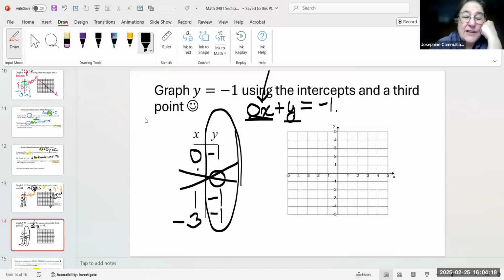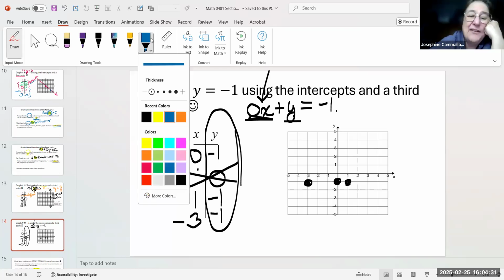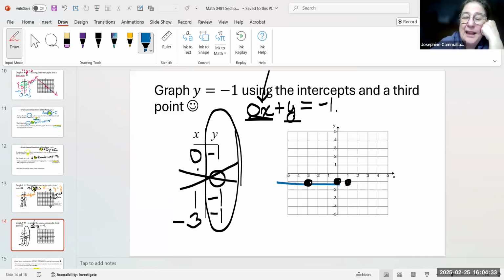And let's graph this. 0, -1, 1, -1, -3. Notice what I have. I have a horizontal line.